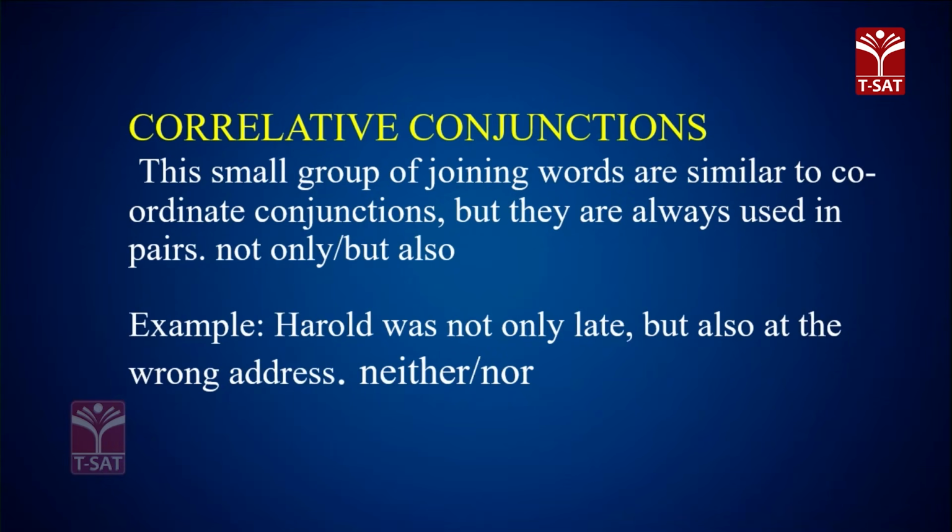Now the second type of conjunctions is correlative conjunctions. This is a small group of conjunctions which are used similar to the coordinating conjunctions, but they are always used in pairs, right.